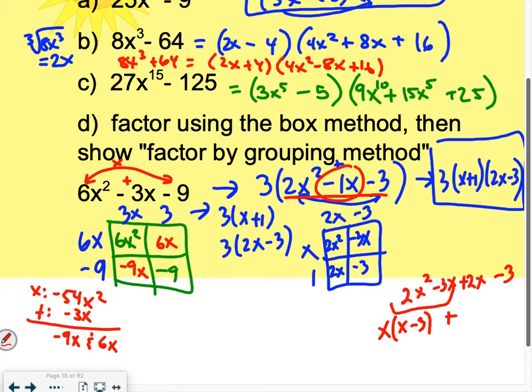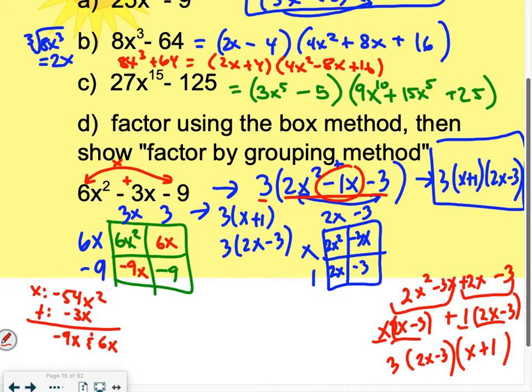Look at the second 2, take out the GCF. Only GCF of that is a 1. So you can see we have a common factor of 2x minus 3. So if we factor that out, we'd be left with x plus 1. And again, of course, that 3 that we factored out first would have to stay in front. So the box method really is factor by grouping.